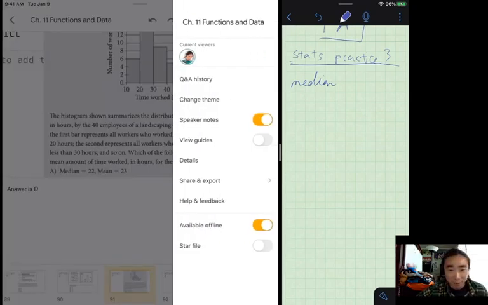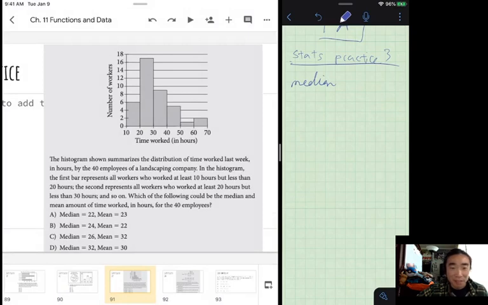So where did I mess up? I messed up with the median, I guess. My canceling. So, did I cancel one too many? Is that why? Because now it's saying my median, so in the green where I circled, I think it should be over to the right.